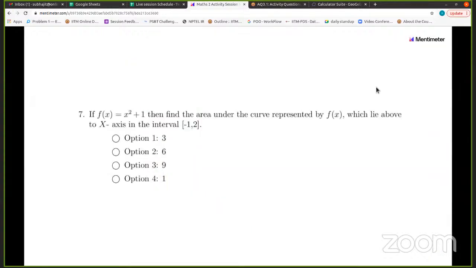Now I have come to the question where the function is given and I just have to calculate the area under this curve. I think this is quite easy. You have to calculate the definite integral from -1 to 2.